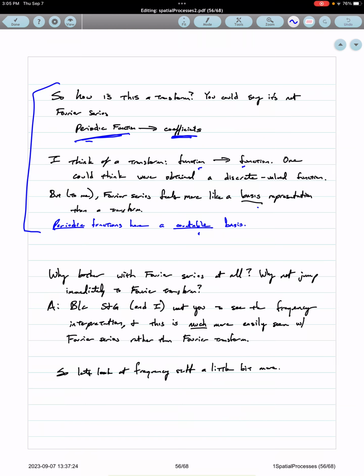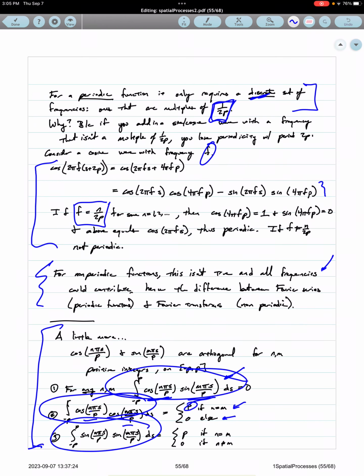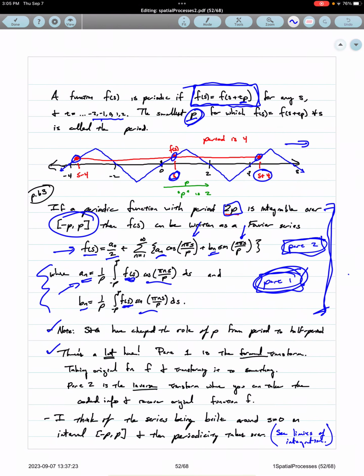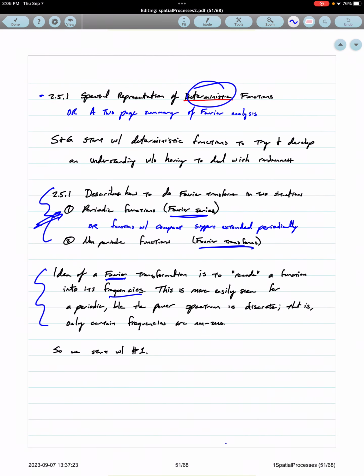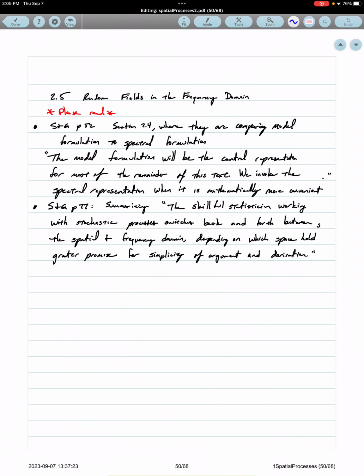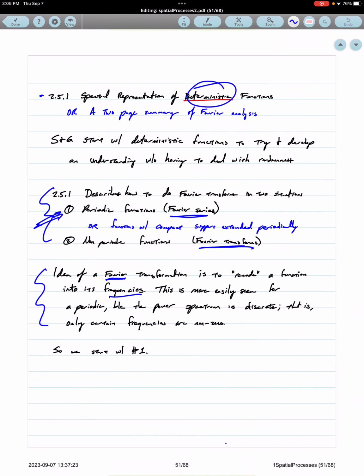Okay, so takeaway message: if we have a periodic function, and we know its period, of course, then there is a right set of basis functions. The basis functions are the sine and cosine waves, which have frequencies which are multiples of 1 over the period.